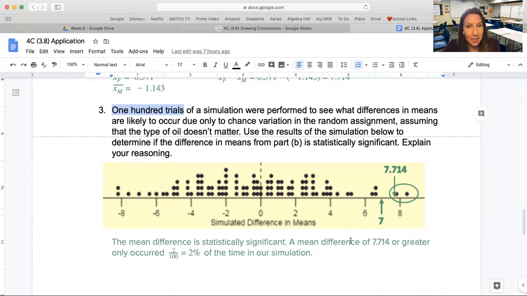That would be 2% of our results with differences higher than our difference. So we can say that since that's below that 5% threshold, our results are statistically significant, that a mean difference of 7.714 or greater only occurred 2% of the time in our simulation, making those results statistically significant.